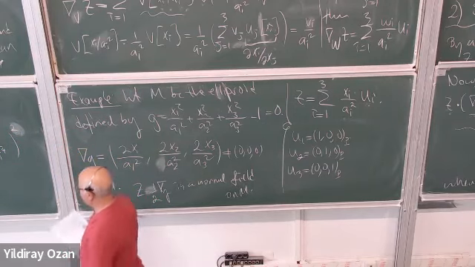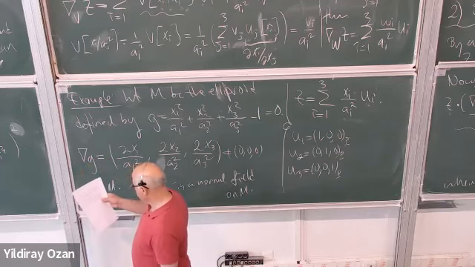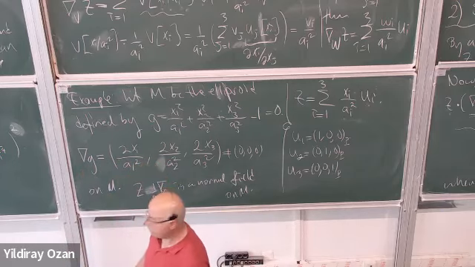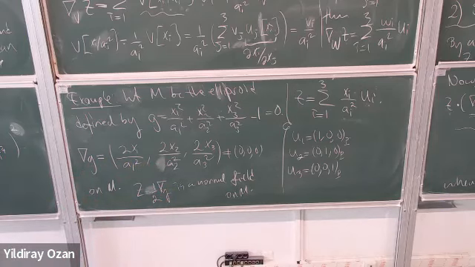If A1 equals A2 equals A3 equals R, then this is a sphere of radius 1, right? No, radius 1 over R. Maybe I should say 1 over R, let me say.